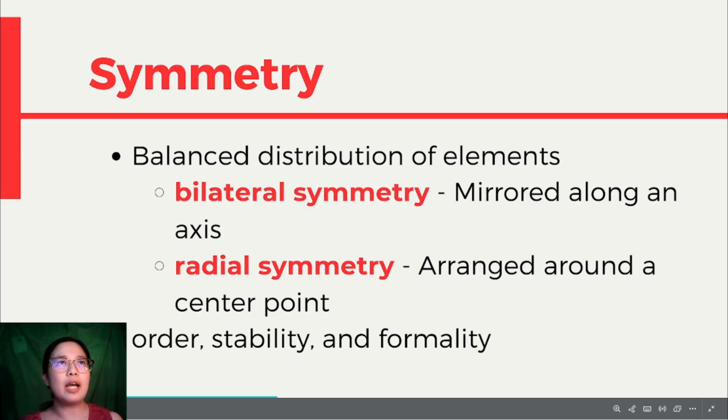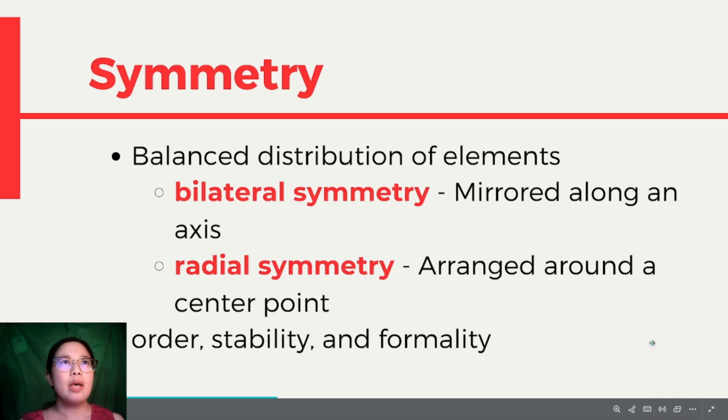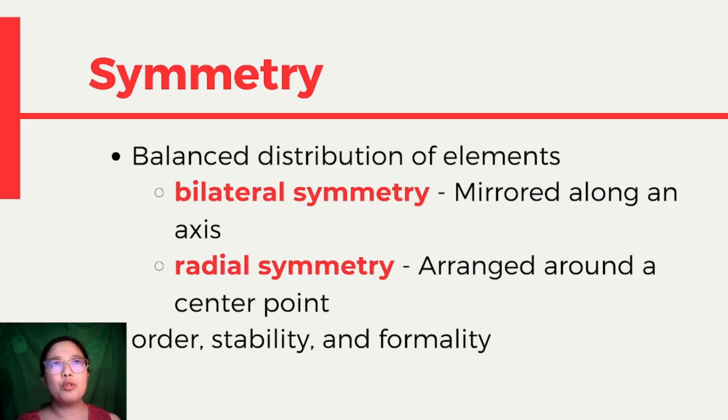Nabanggit ko to kanina. Okay, ang symmetry is balanced distribution of elements. Okay? So, more likely mirrored or pare-pareho ang pagkakahati. Equal distribution. So, first is bilateral symmetry. Meron kang axis, for example, or a center line. And then, pag tiniklop mo yon, left side and right side are the same, mirrored along the axis.